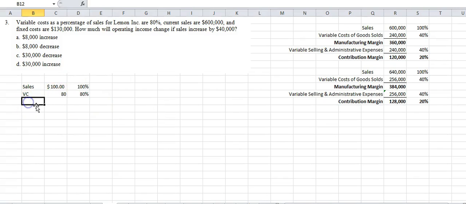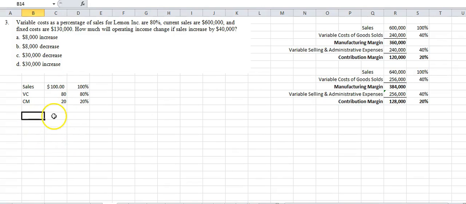So what's my contribution margin for every unit that I sell? My contribution margin to cover my fixed costs is going to be equal to 20, which is 20% of sales. So for every $100 that I sell, I contribute $20 towards the bottom line.